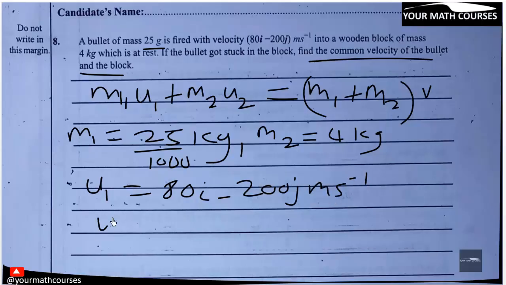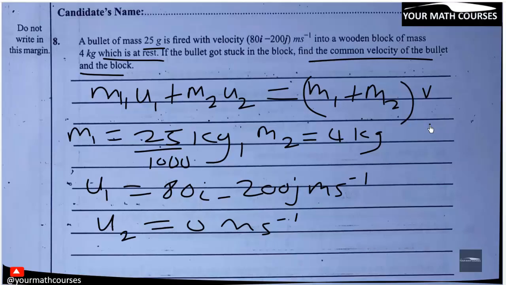Then we have u2, because they said it's at rest, we have 0 meters per second. So we fix in all these values into this, then we solve for v.